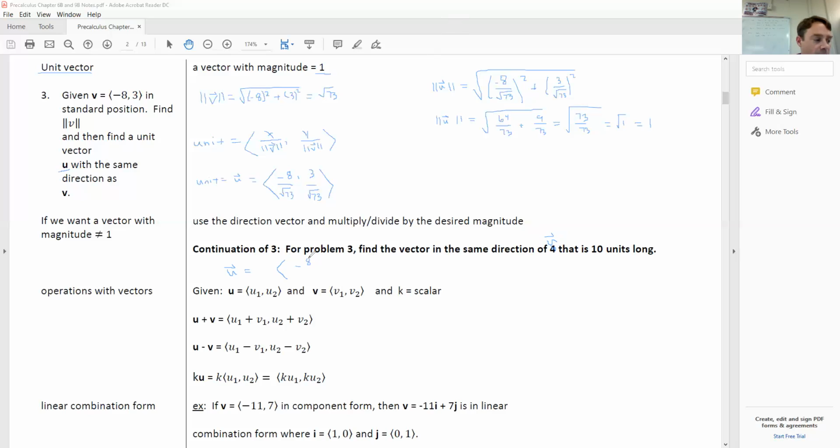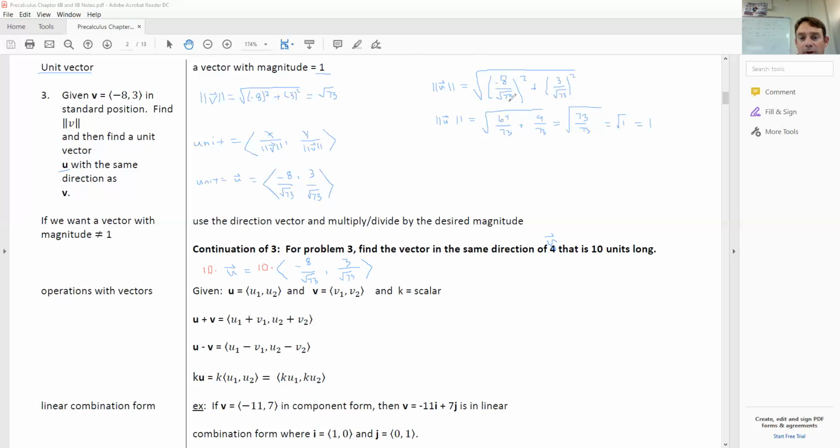If I want it to be 10 units long, so I now know that this is 1 unit long. I want to find a vector that is the same direction, but 10 units long. So in other words, I'm going to take that unit vector and do a scalar multiplication. I'm going to multiply it by 10.